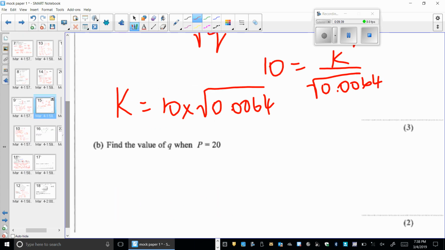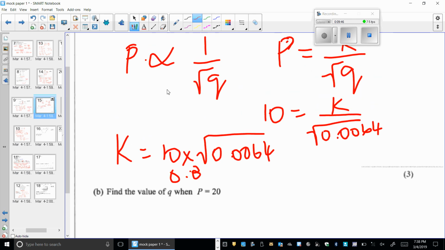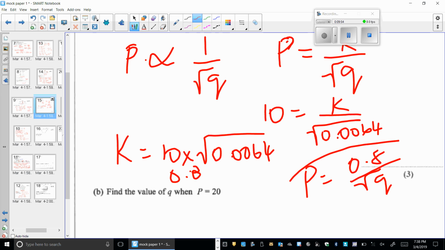So K is 0.8. What we were asked to do here is find a formula. So we've got P is equal to 0.8 over root Q. That's our formula.